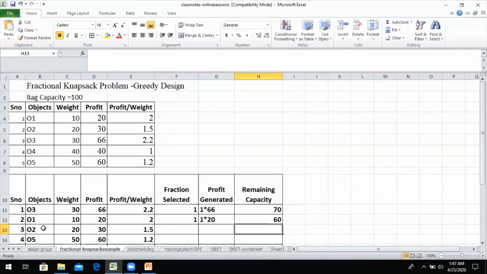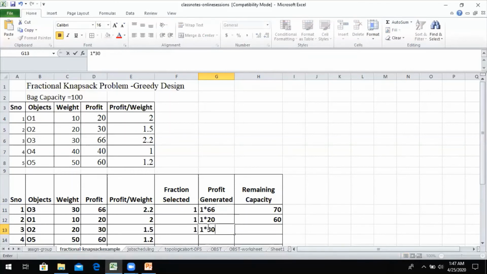The next in order to be selected is O2. Can I select 1 unit? If I select 1 unit, the weight generated would be 20. Can I fit 20 into 60? Obviously yes, and hence the profit generated would be 1 into 30.